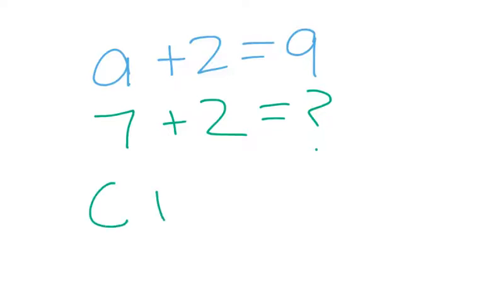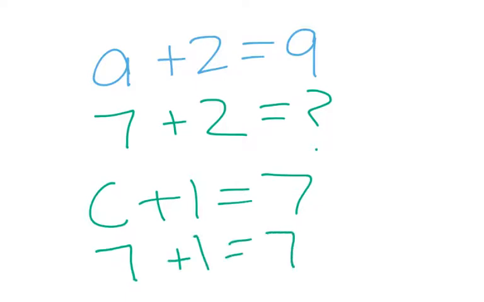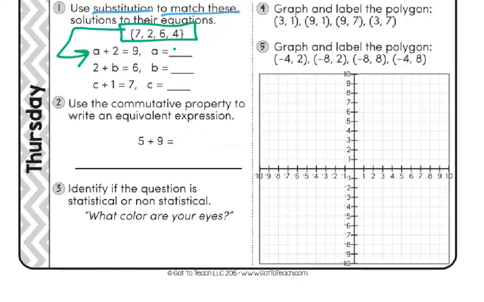If I try to substitute 7 in there, 7 plus 1 equals 7. Well, that is not true because that would be 8 equals 7. So just figure out which number is the correct one to solve these equations. And you will only use 3 of the 4 numbers. There is an extra one in there.